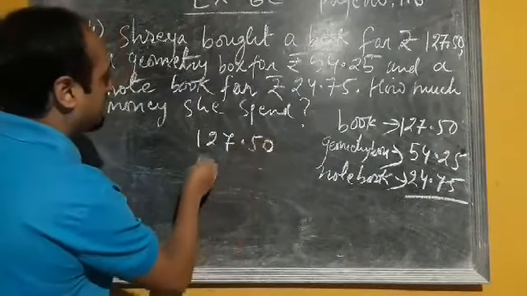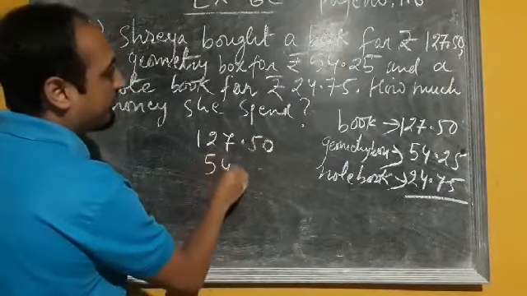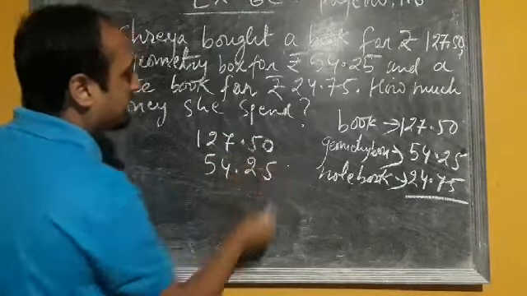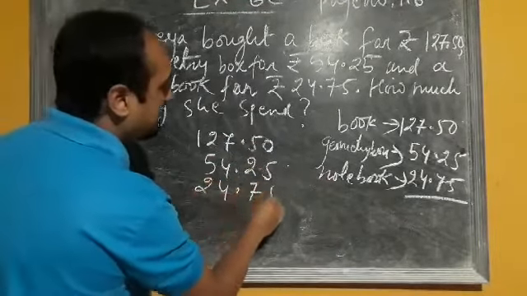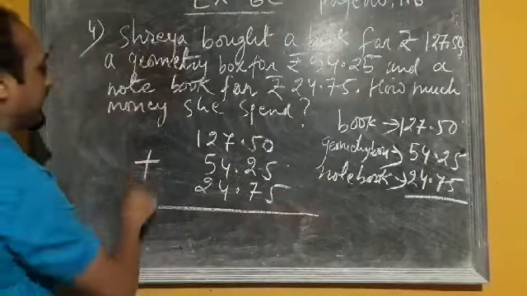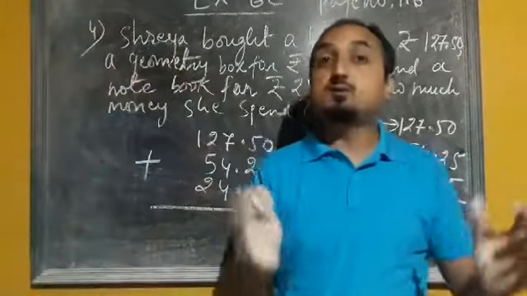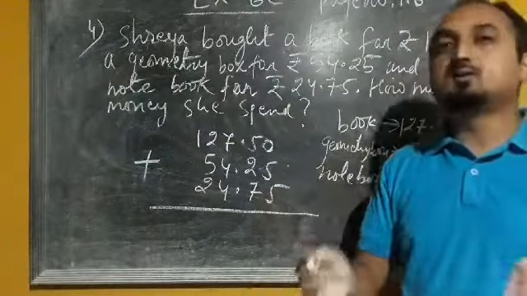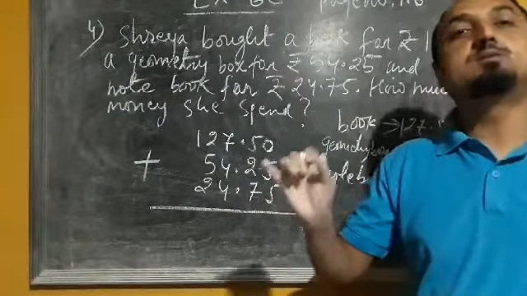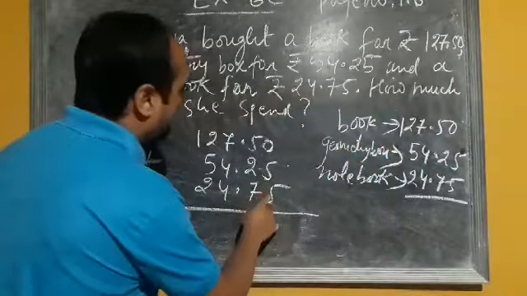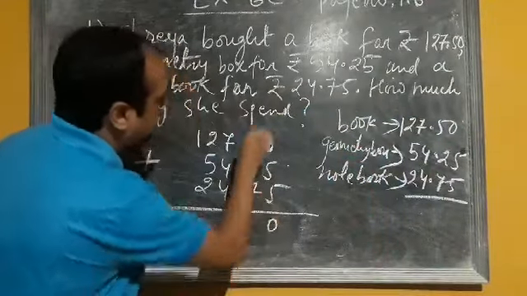We will add 127.50, geometry box 54.25, notebook we have 24.75. Now we have to add this. After adding, whatever total amount we get will be the total spending of Shreya. So here 5 plus 5, 10, 0 carry 1.